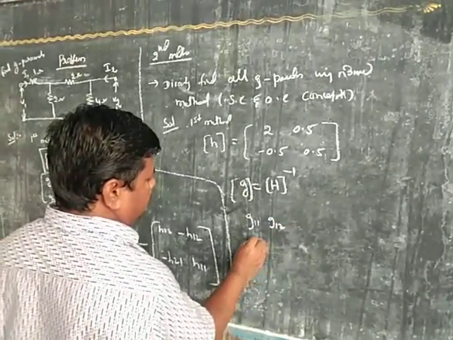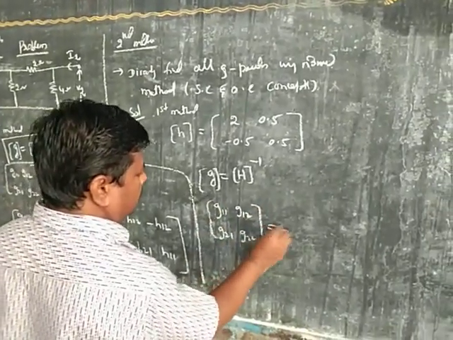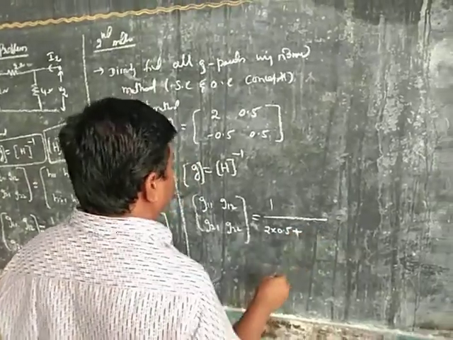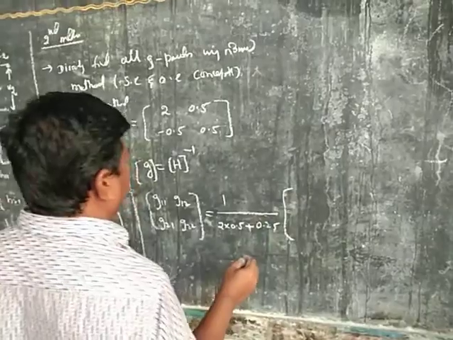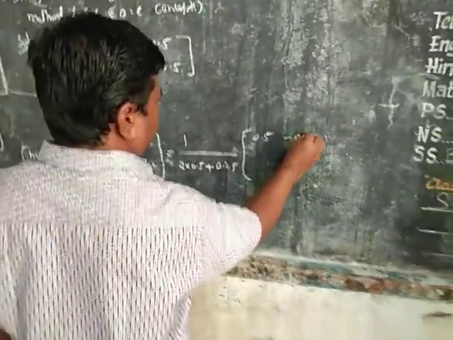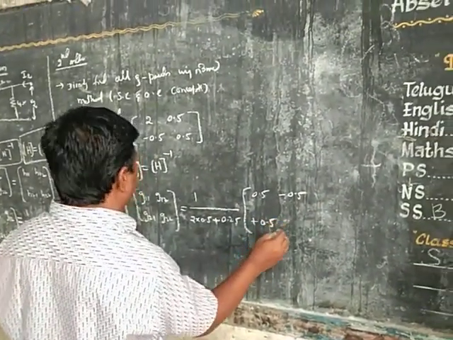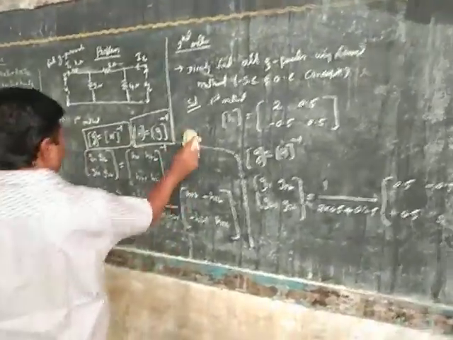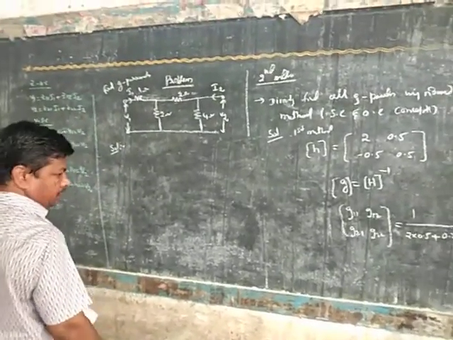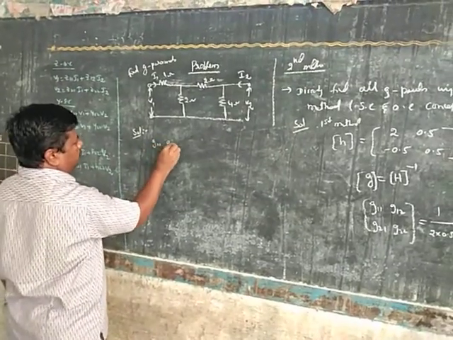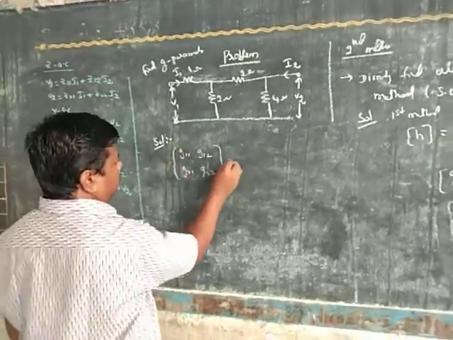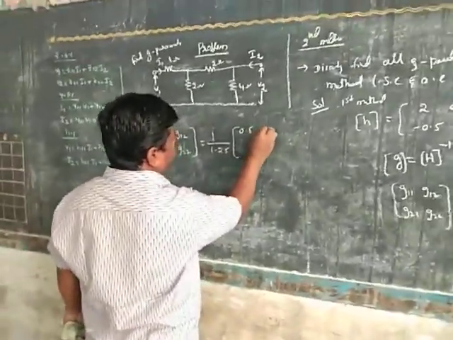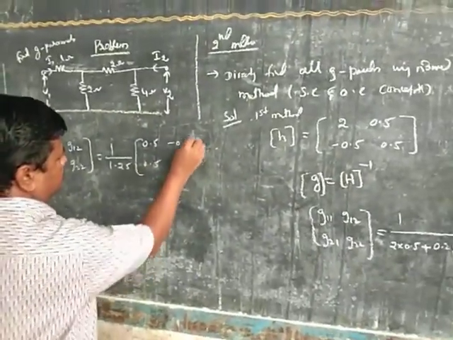So G11, G12, G21, G22 is equal to 1 by (2 into 0.5 minus of minus 0.5 into 0.5, that is plus 0.25), times D, minus B, minus C, A. Then from that we find G11, G12, G21, G22 is equal to 1 by 1.25 into 0.5, 0.5, minus 0.5, 2.